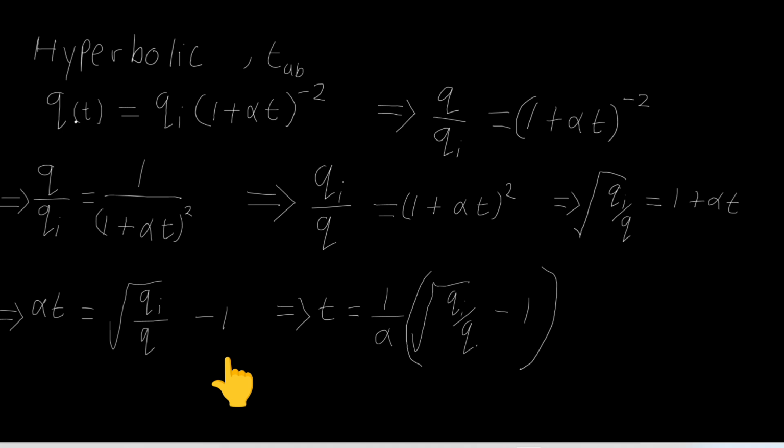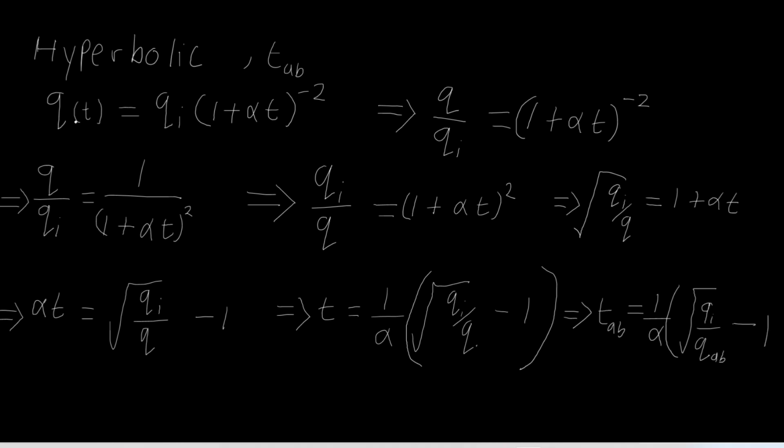So hence this answer. So like we said earlier, we don't leave our answer like this. Since they were specific and they told us to find abandonment time, we will then end it by saying that t_ab is equal to 1 over alpha times the square root of qi over q_ab, minus 1.